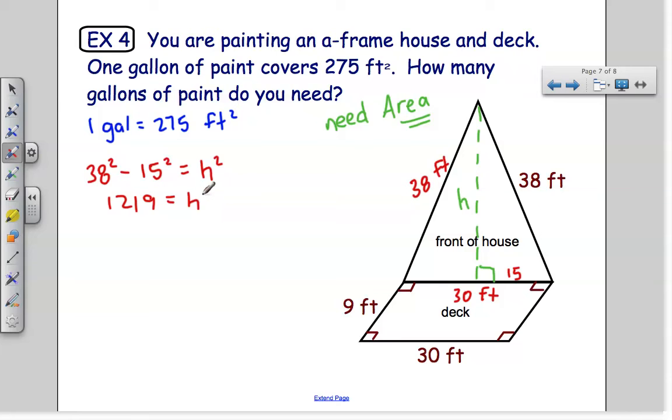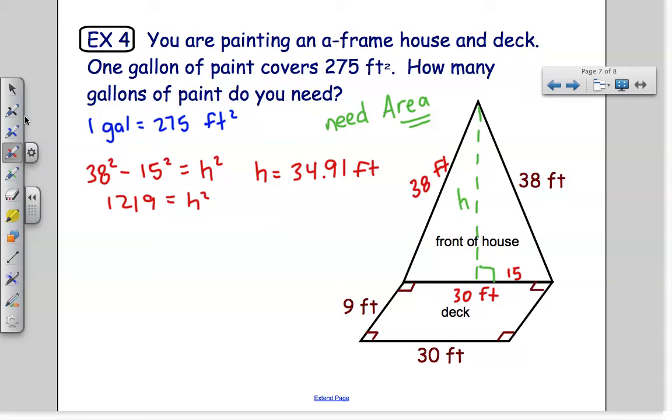And that equals the height squared. Fairly certain this is not a perfect square. We're going to get a decimal here, but that's okay. It looks like the height of that house is 34.91. Now I'm going to leave this answer in my calculator to keep it accurate. All these were in feet.